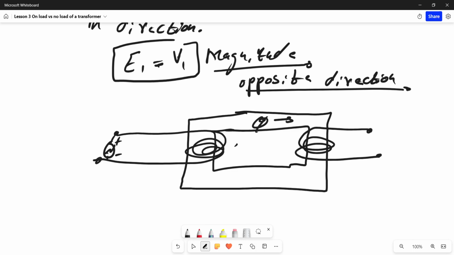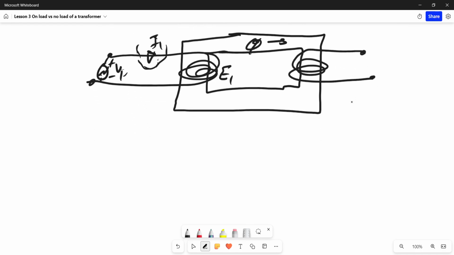All right, so now you have E1, you have the flux that is flowing inside the core. This is V1. Okay, and then you have I1, and then there's a field around it. So V1 and E1, they are opposite in direction. Okay, so remember, when this flux cuts the winding that was responsible for its existence, we call this self-inductance.